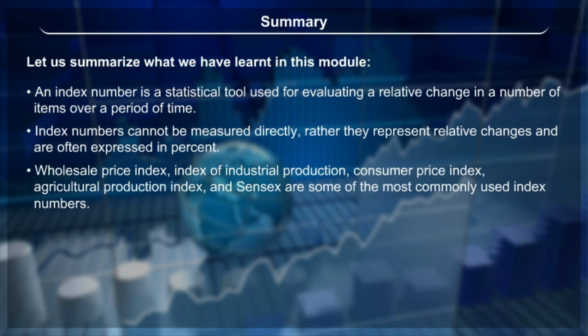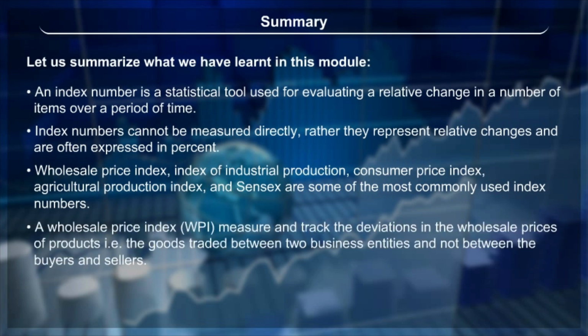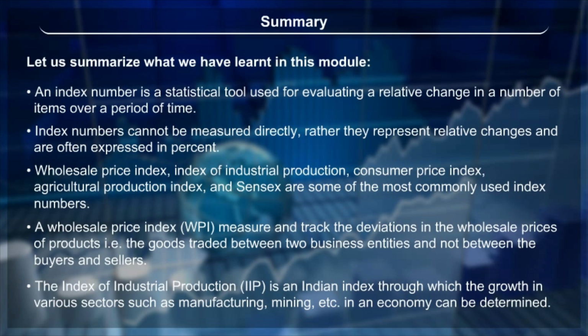A Wholesale Price Index (WPI) measures and tracks the deviations in the wholesale prices of products, that is, the goods traded between two business entities and not between the buyers and sellers. The Index of Industrial Production (IIP) is an Indian index through which the growth in various sectors such as manufacturing, mining, etc. in an economy can be determined.